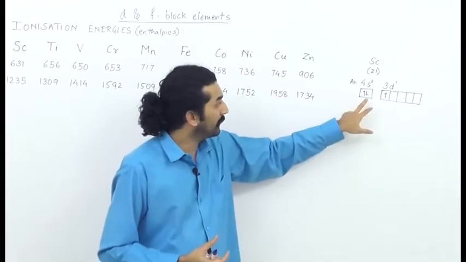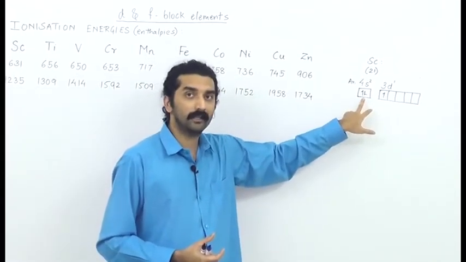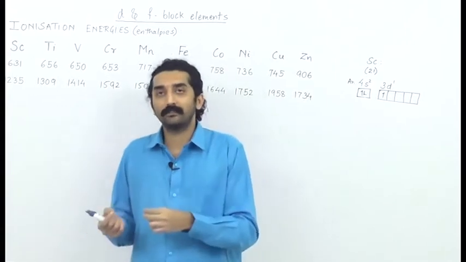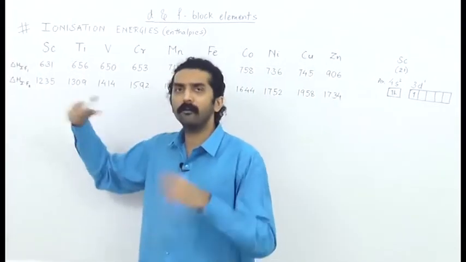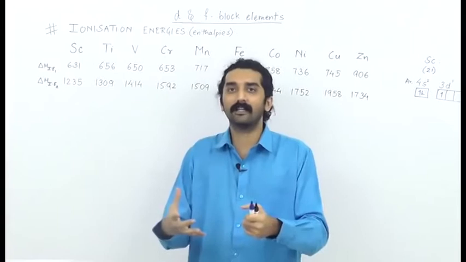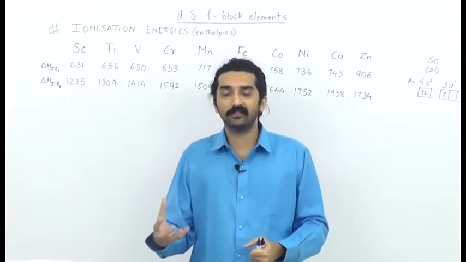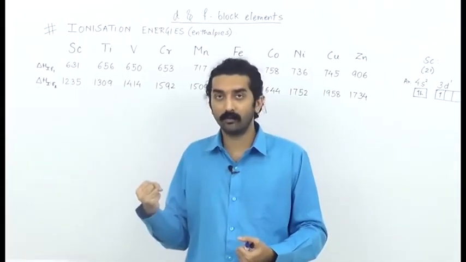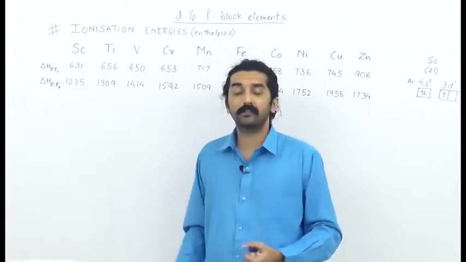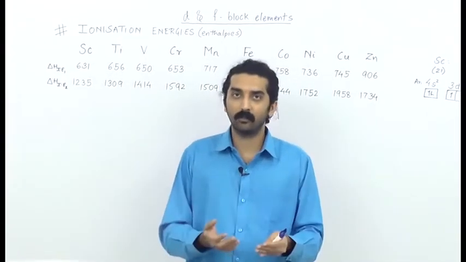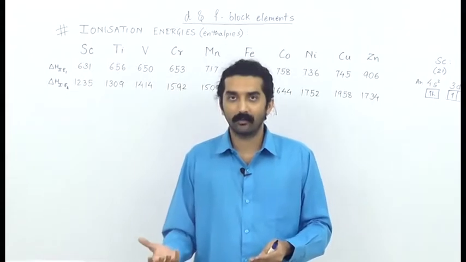The amount of energy required to remove this electron is called the ionization energy, or as we have written, the first ionization energy. The first ionization energy is the amount of energy required to remove the first electron, and the second ionization energy is the amount of energy required to remove the second electron, right?